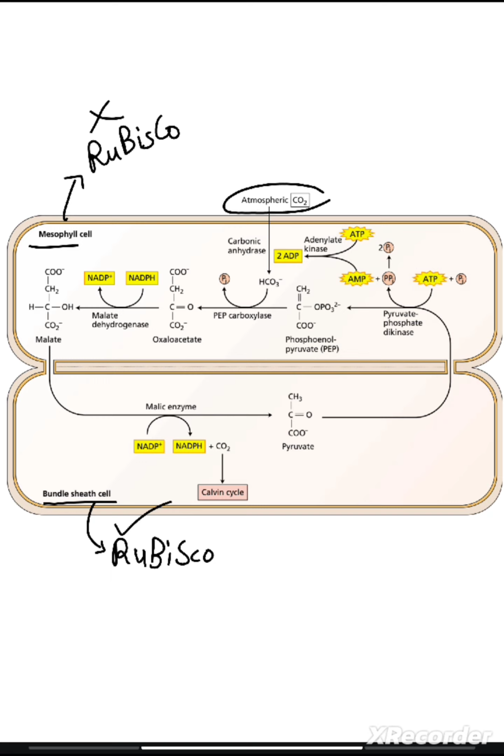So even if we take carbon dioxide inside the mesophyll cell, RuBisCO won't be there to act upon and convert RuBP and divert that pathway to the Calvin cycle.